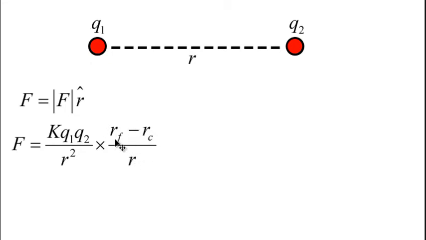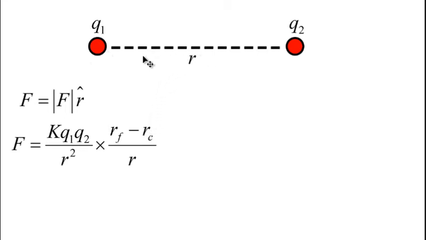And what do we mean by feeling the force and causing the force? Assuming we were asked to find the force on Q2 due to Q1, Q2 is feeling the force and Q1 is causing the force. So it's going to be the position of Q2 minus the position of Q1.